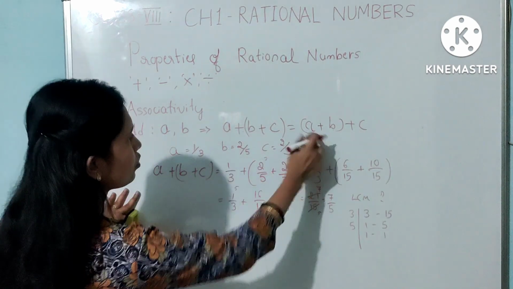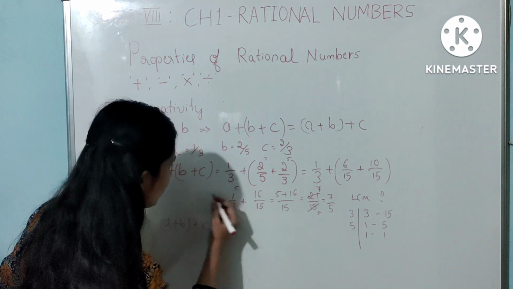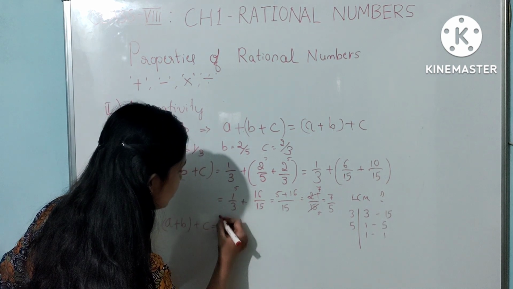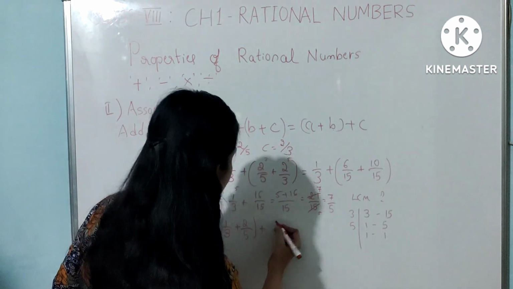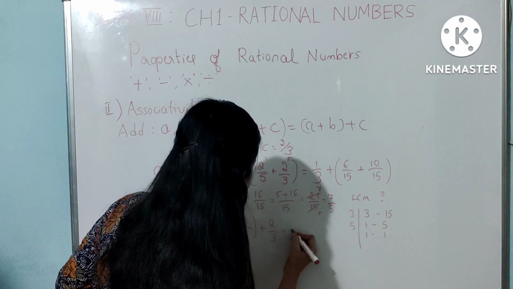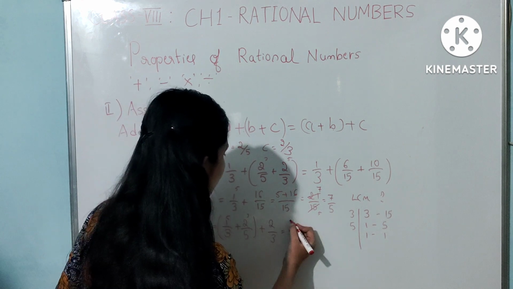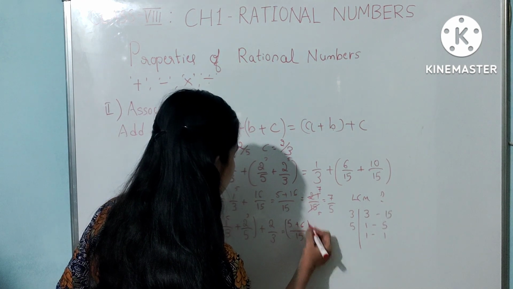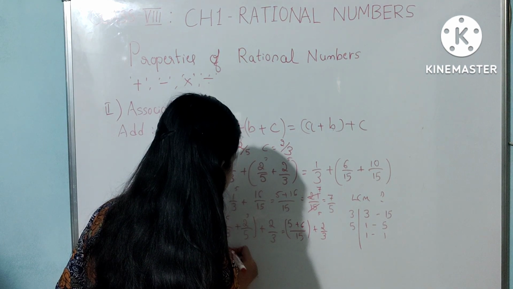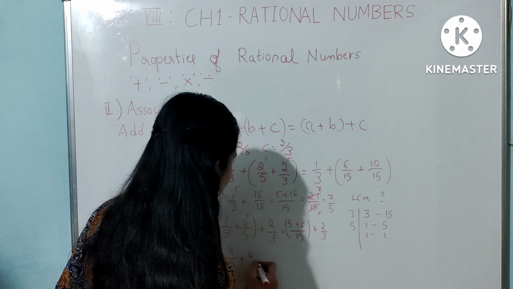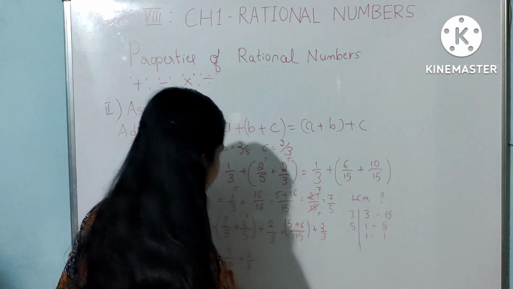So the next step is a plus (b plus c). So 1 by 3 plus 2 by 5 plus, c value is 2 by 3. Okay. So 15 is the LCM. So 5 plus 6 is 11, plus 2 by 3.